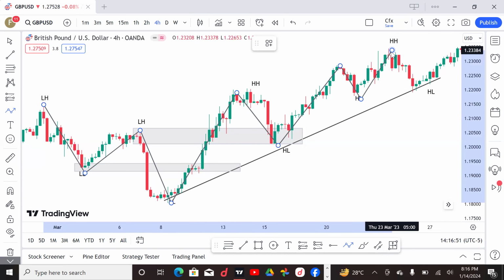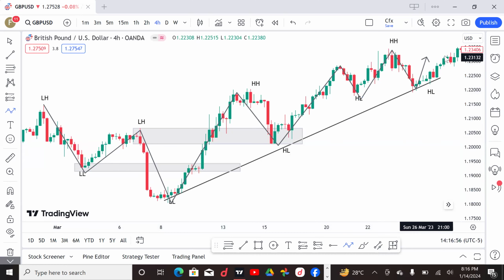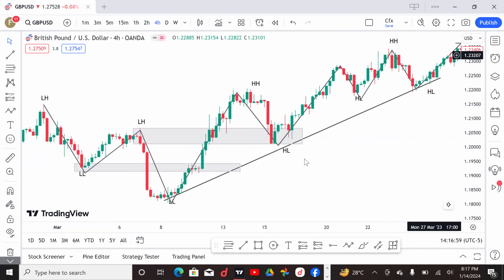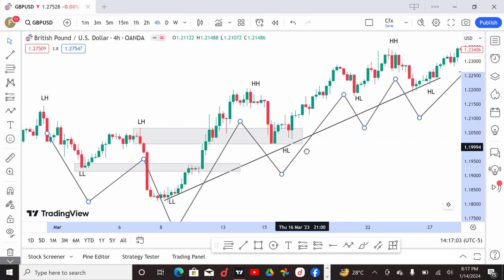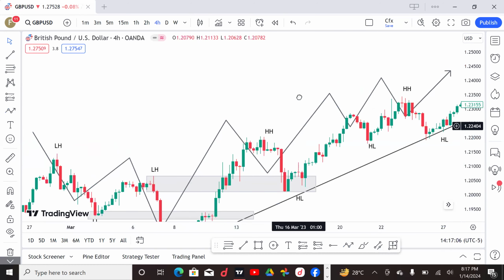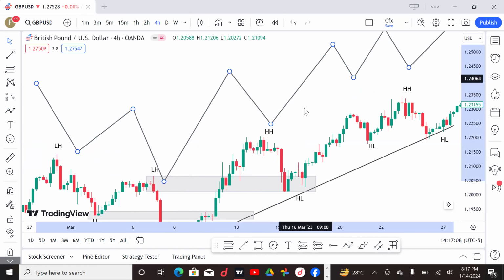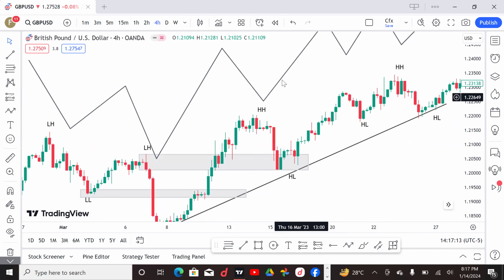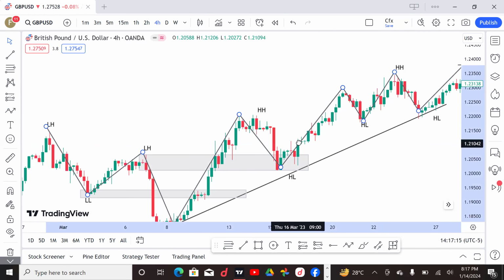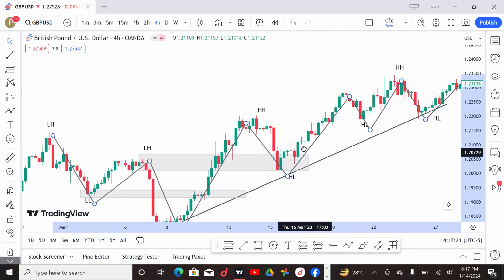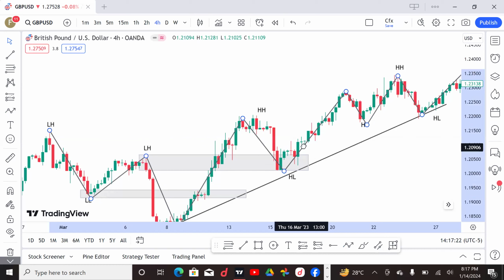I will take this to this side so that we can see what price was doing, exactly what we just explained right now. So you can even draw this as a confluence, as a guide, for you to know what price was doing, right?